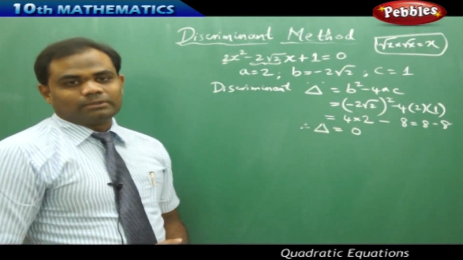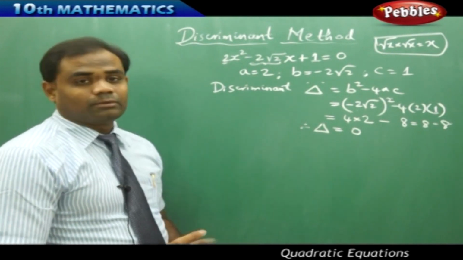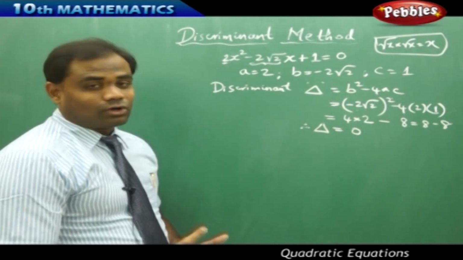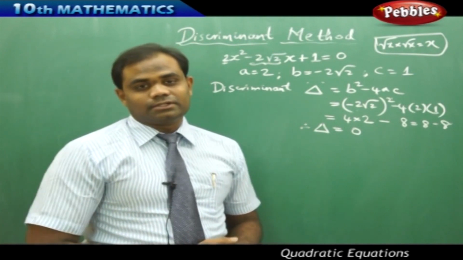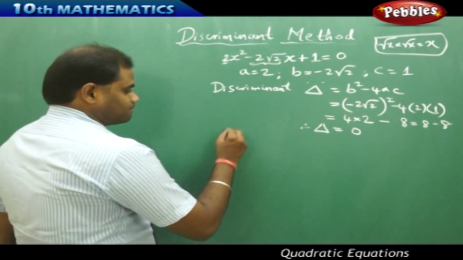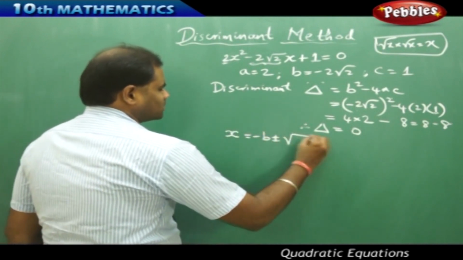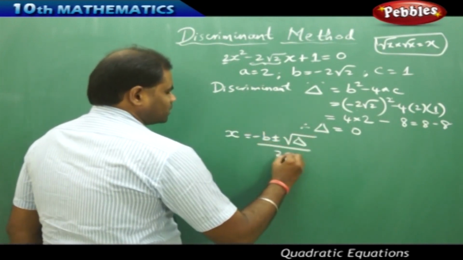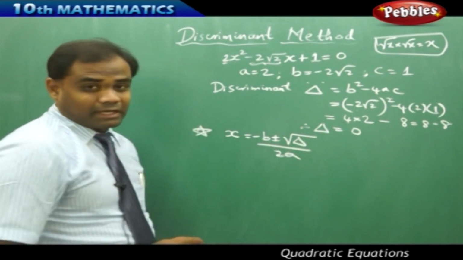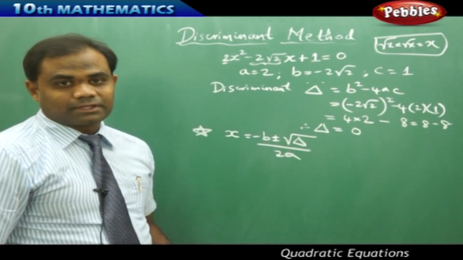Now let's come to the formula. We have seen the formula for the discriminant method, which says that the roots of any quadratic equation in its general form are given by x equals minus b plus or minus root delta by 2a, the formula which we have taken in the previous session.